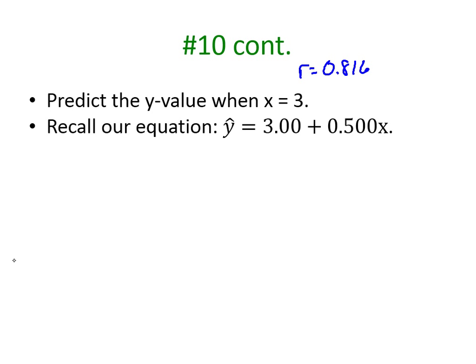We got a correlation coefficient of 0.816, which we said was larger than what we needed. For 11 points at the 0.01 significance level, we need to have 0.735, which is above that. So since that's the case, we have good correlation.